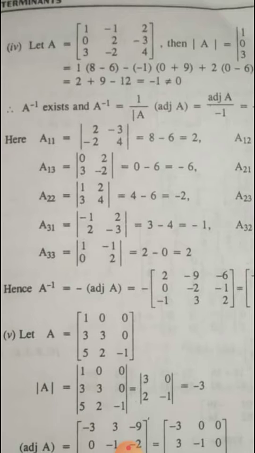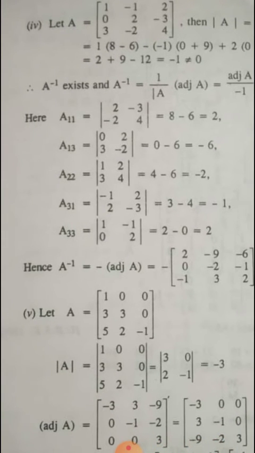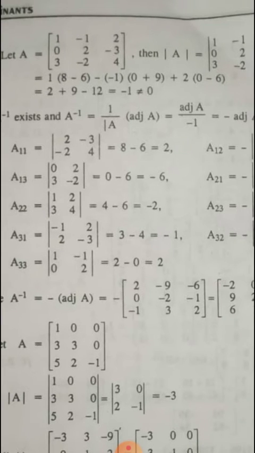So the formula of inverse: A inverse is equal to adjoint of A upon determinant of A. Now we have to calculate the adjoint matrix of this matrix. So in order to find the adjoint of this matrix, we have to find the cofactor of every element. First element is 1, so the cofactor of this element will be [2 -3; -2 4], and solving this we get 2 into 4 minus 2 into minus 3, 2.